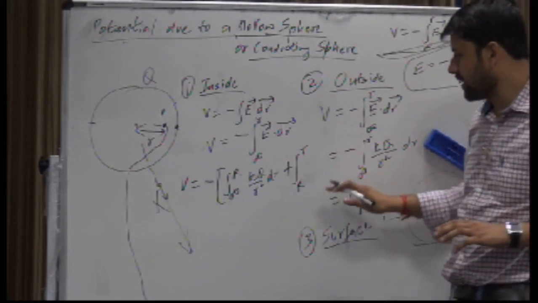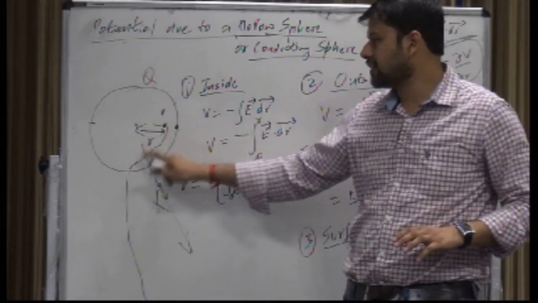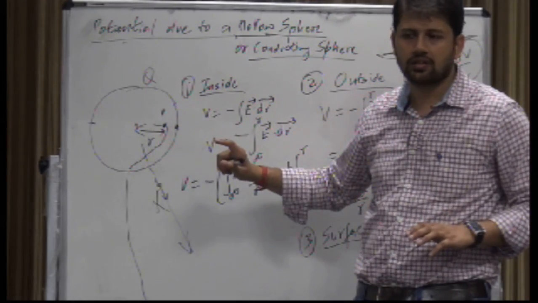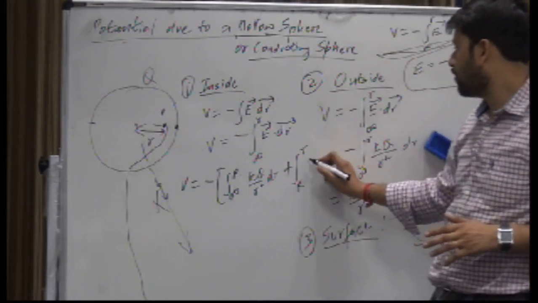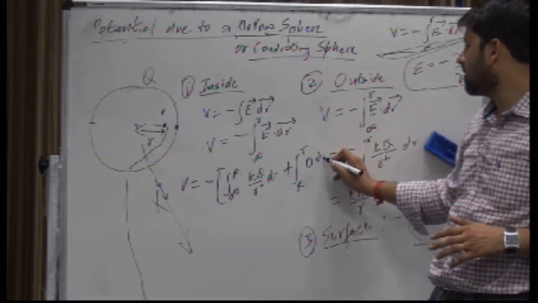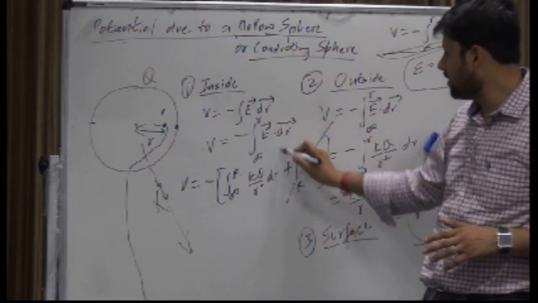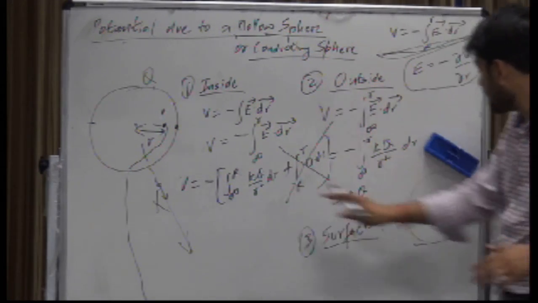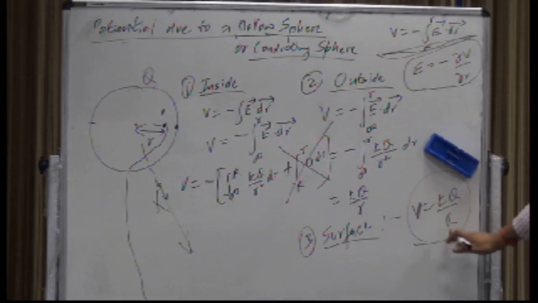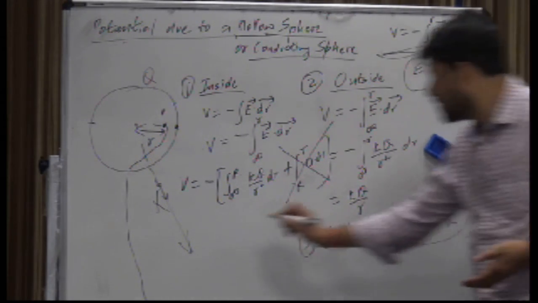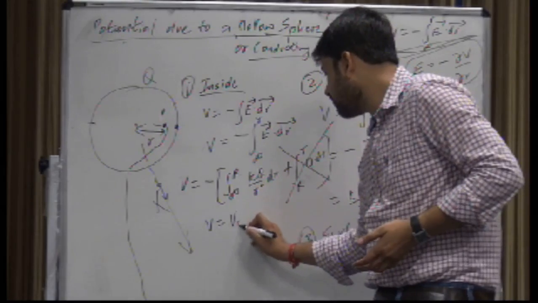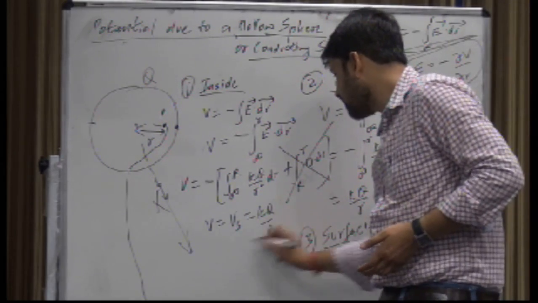Part 2 समझ आ रहा है ना? From capital R distance to small r distance, from surface to inside, the formula would be 0 dot dr. So this would give me a 0 result, but this would give me the same result as the surface value. Is it okay? So V here would be same as surface value kq by r.